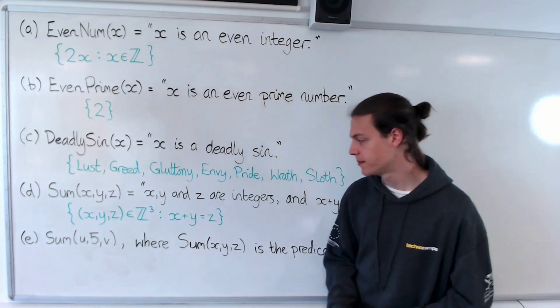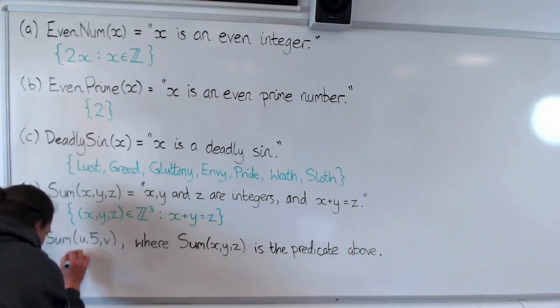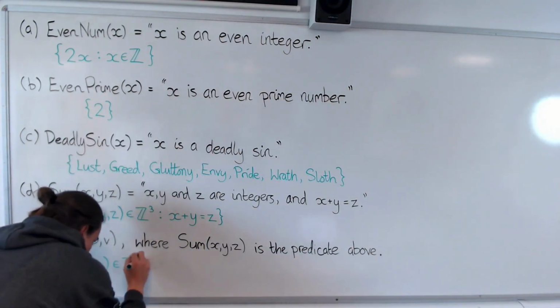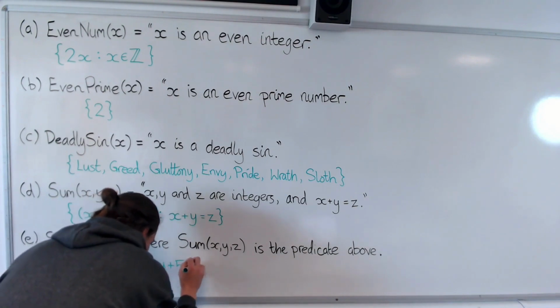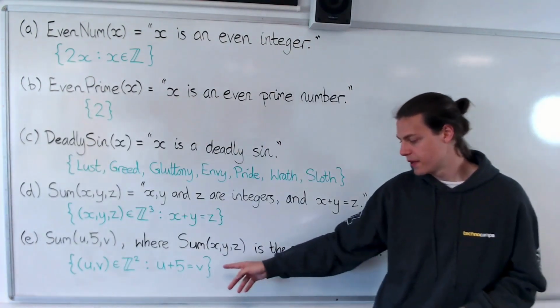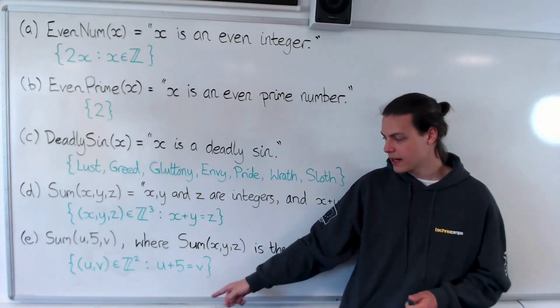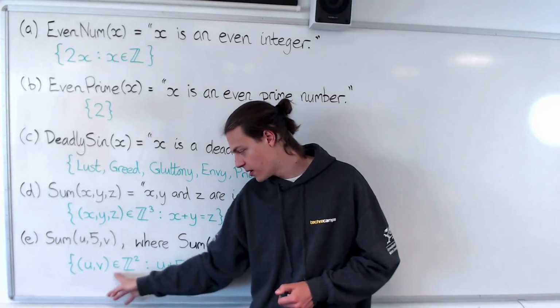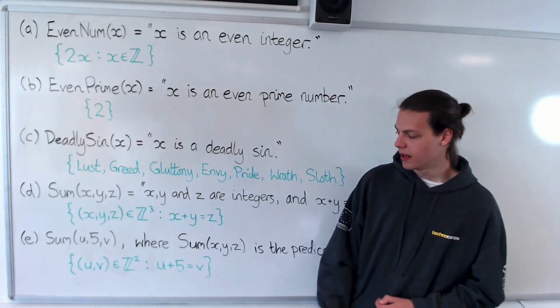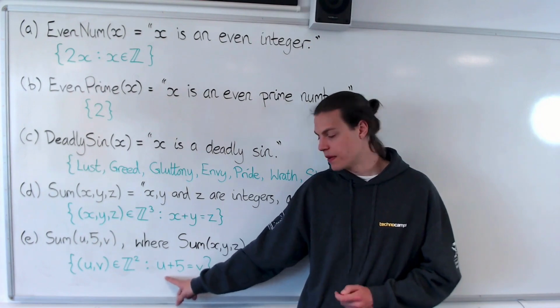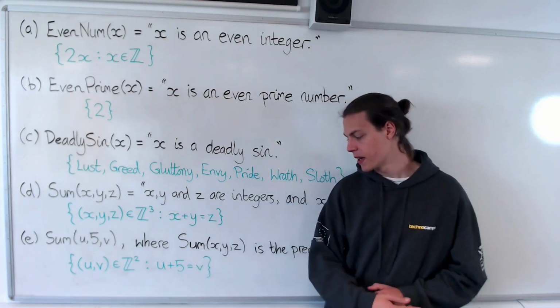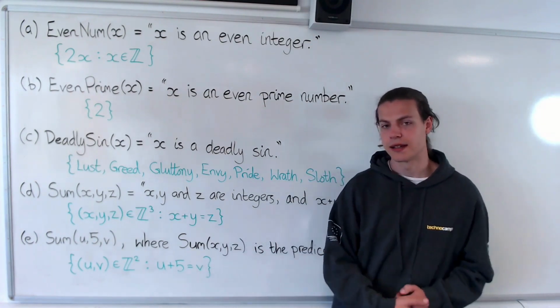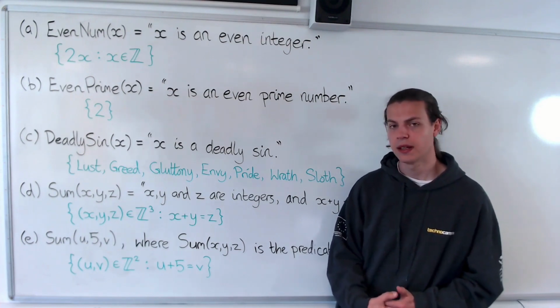So we can write this. And we have the truth set is exactly the set of pairs of integers that satisfy the first of the pair plus 5 equals the second of the pair. And we're done.